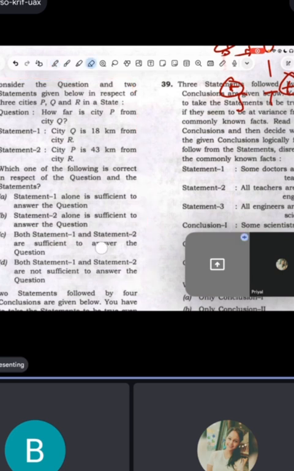So, guys, use common sense. How far is city P from Q? The question is asking how far, so what we need is sufficient data: direction. Let's see whether direction is given or not.